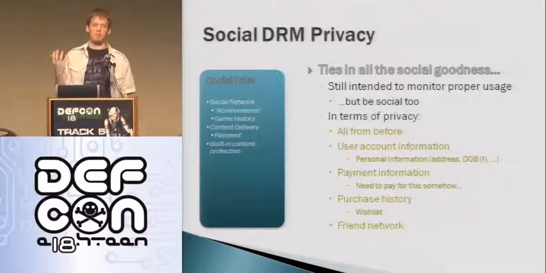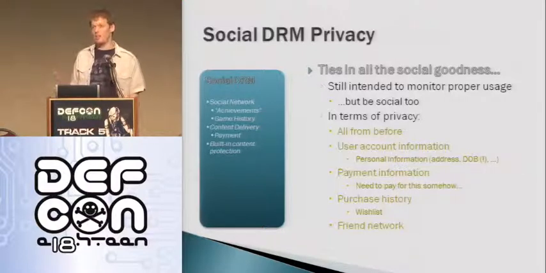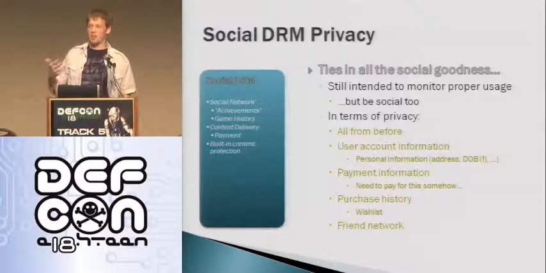Because apart from having the DRM components, you also try to use the social media and the aspects of that to have psychological reason for actually buying games and sharing games with other people. The only problem here is this is also for content delivery, and therefore you have this whole tail of additional privacy relevant information that now gets tagged onto your games.